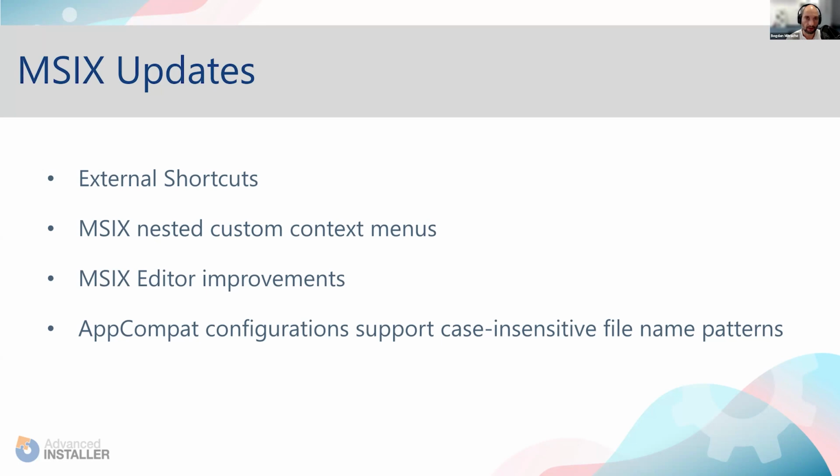So if you have a case where you just want to launch an exe that's not part of your package, or in some other scenarios, you couldn't do that when building an MSIX from Visual Studio or from the MSIX Packaging Tool. And now you can do that with Advanced Installer using our built-in stubs that also provide our app compat configurations for the package support framework.